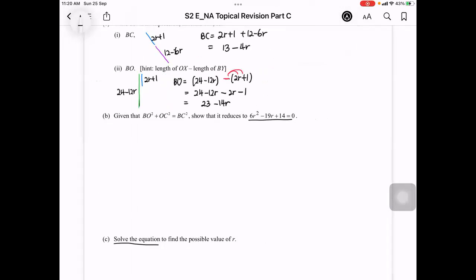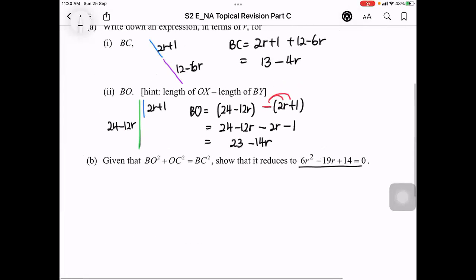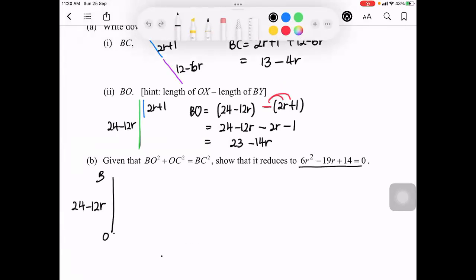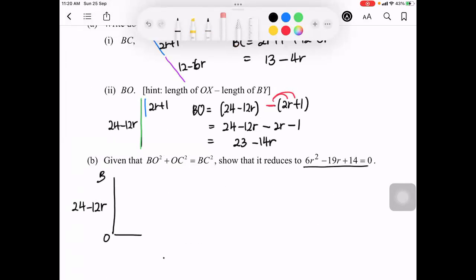Can? Okay, now I will explain the part B. Now they say BO square plus OC square equals BC square, which is the Pythagoras theorem, right? So I know BO is 23 minus 14r.